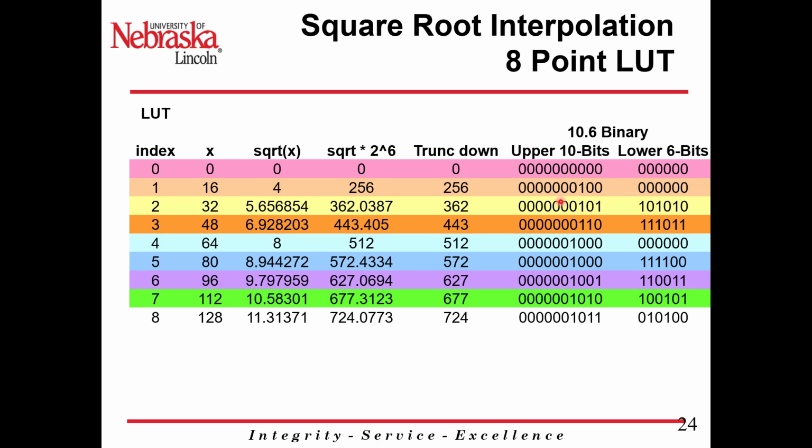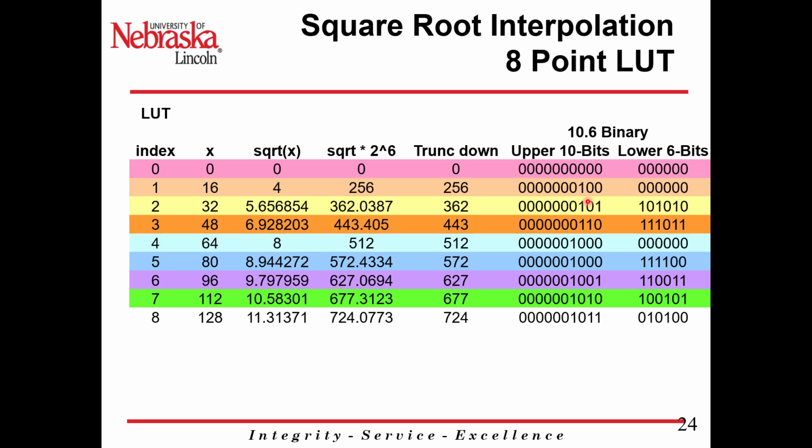So the square root of 16 is 4. So multiply by 2 to the power of 6, we get 256, and then in a 16-bit binary number in 10.6 format, we have 1, 0, 0, and then a bunch more zeros in the fractional bits.